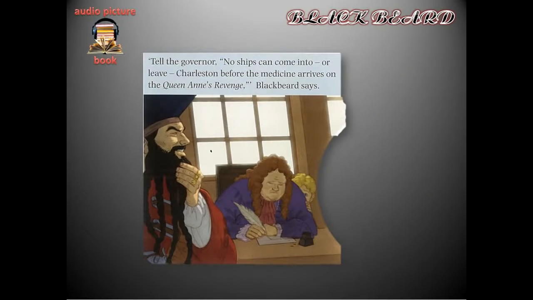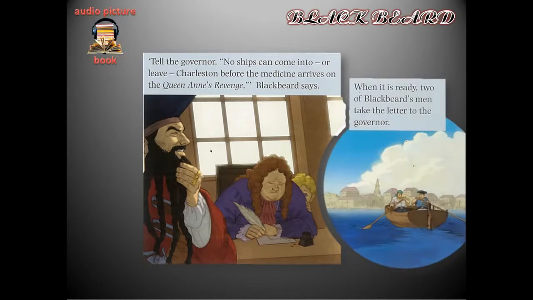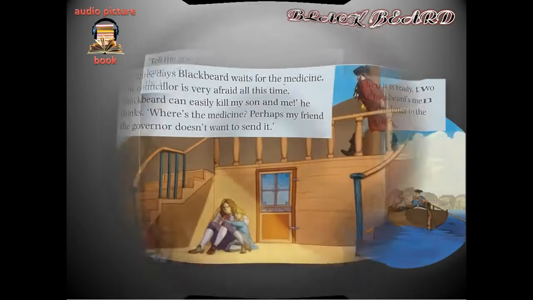Tell the governor no ships can come into or leave Charleston before the medicine arrives on the Queen Anne's Revenge." When it is ready, 2 of Blackbeard's men take the letter to the governor.